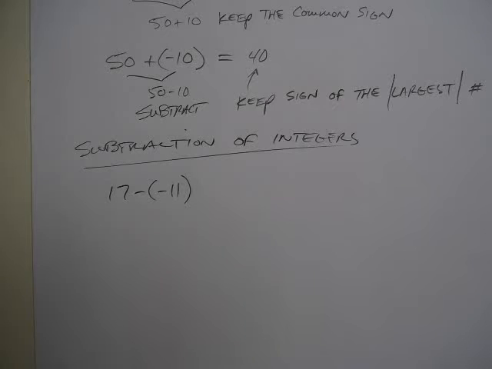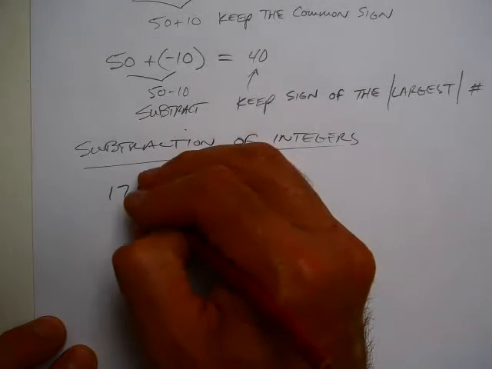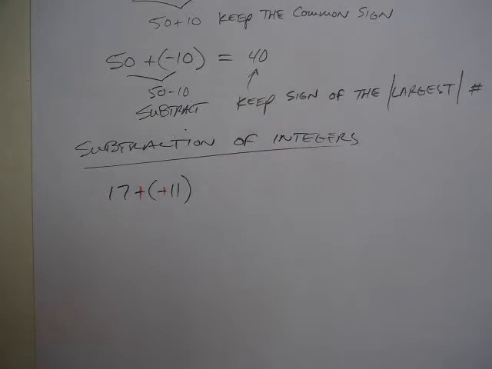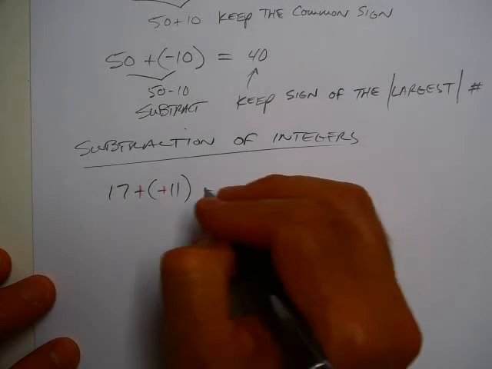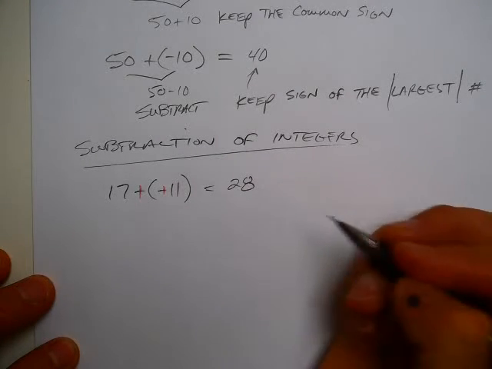When we have a double negative, when I say double negative, I mean two negatives on the same integer. That changes sign to positive. And that's kind of a little freaky. I'll phrase it a couple of different ways, but this is going to be 28 as an answer.